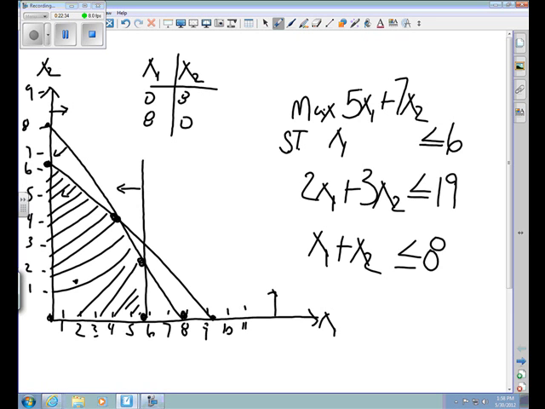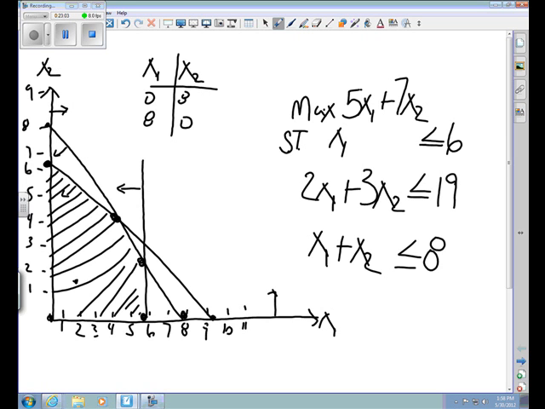So, for example, we know that this coordinate right here where x1 equals 0 and x2 equals 6, and we know if we chose that solution that our profit would be 5 times 0 plus 7 times 6. So the profit would be 42. What have I done? I've plugged the coordinates of that dot into my objective function.